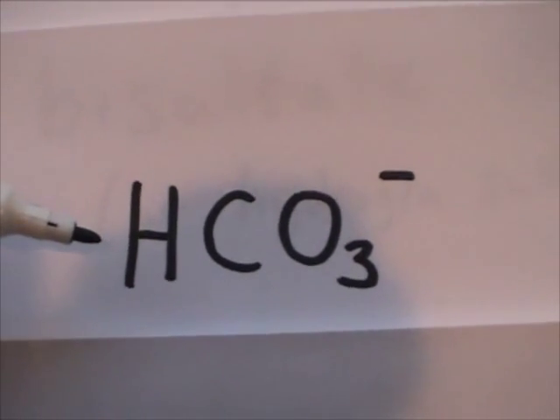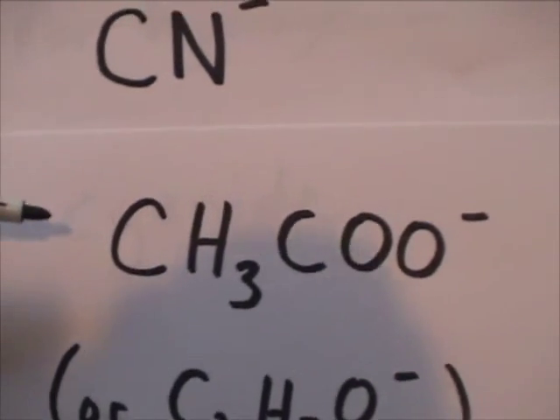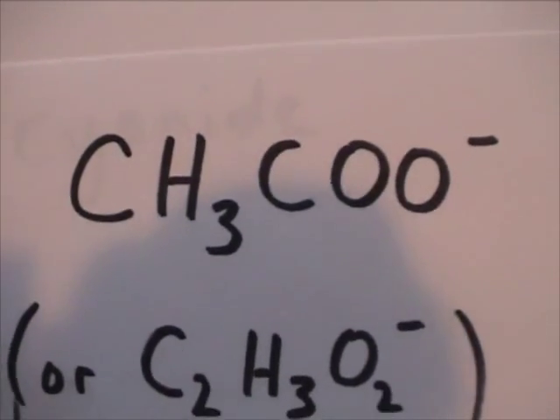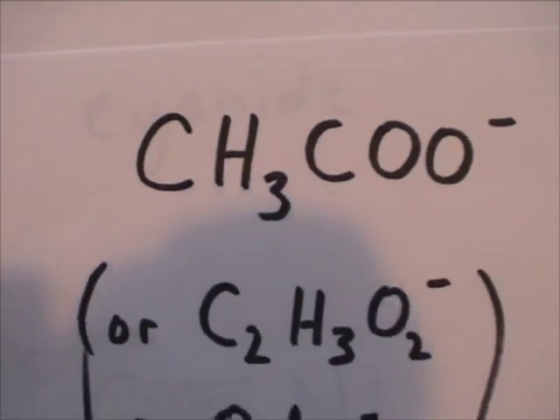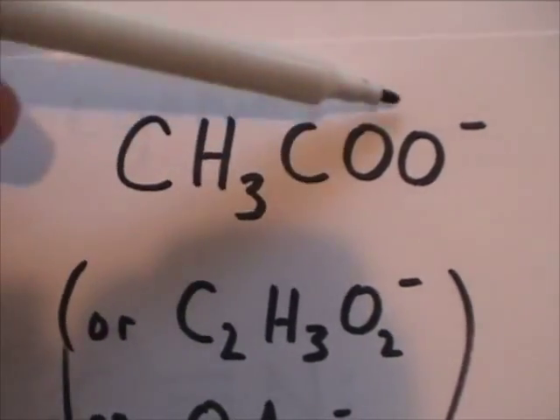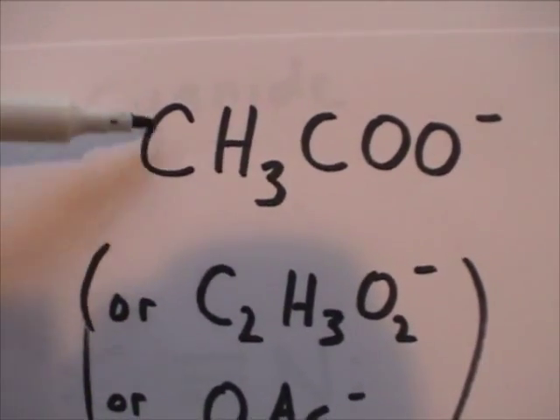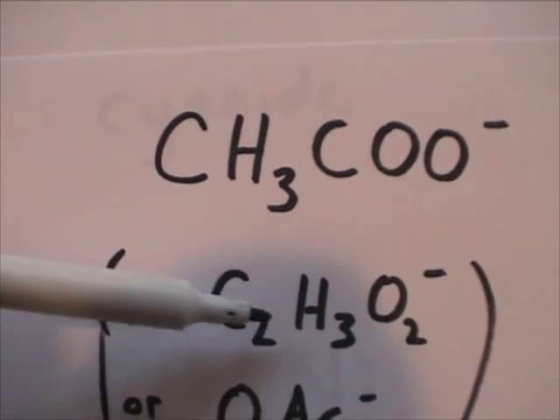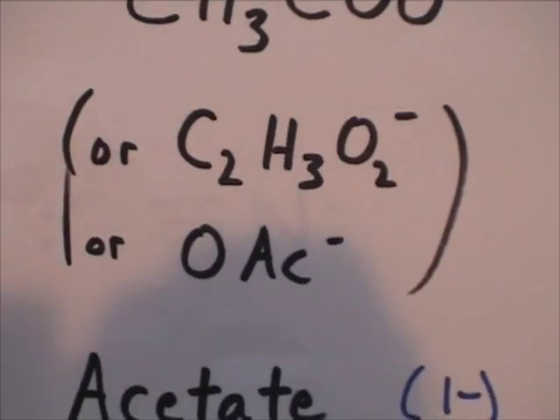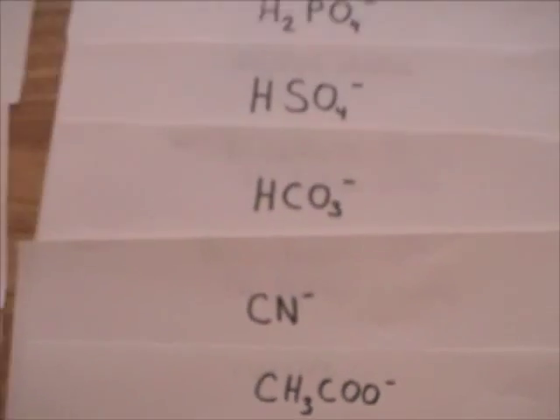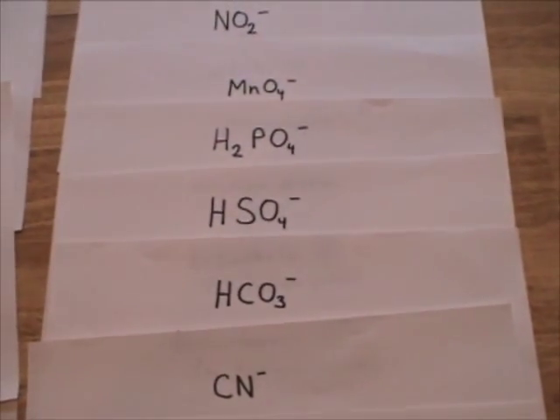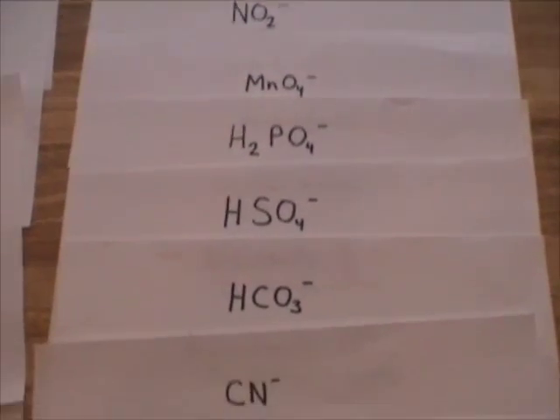This could be called bisulfate or hydrogen sulfate, bicarbonate, cyanide, acetate. It could be written CH3COO-, or you could take these 2 carbons, put them together, say C2H3O2-, or just OAc-. So these are several common polyatomic anions with a -1 charge.